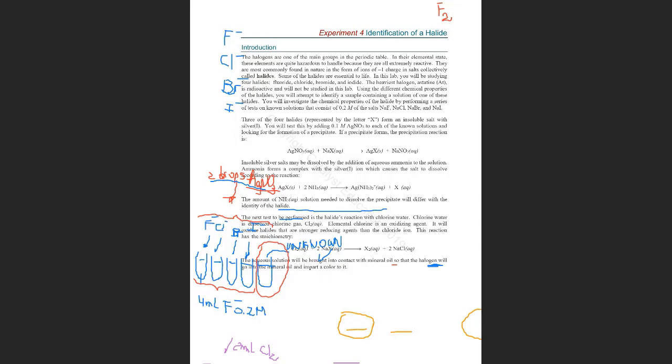What is the color of the bromine? The color of the mineral oil becomes red orange, and if we had the iodine, it is going to be purple red.